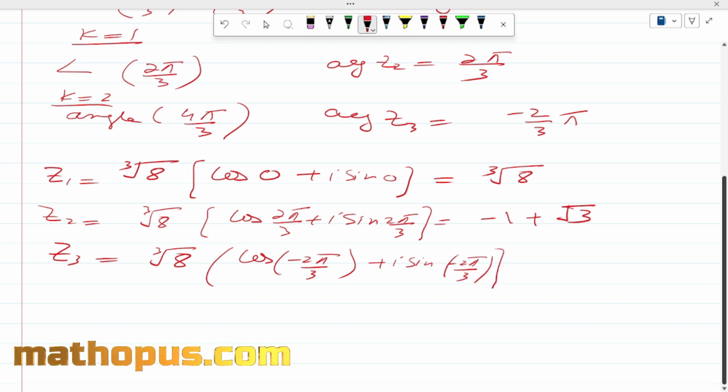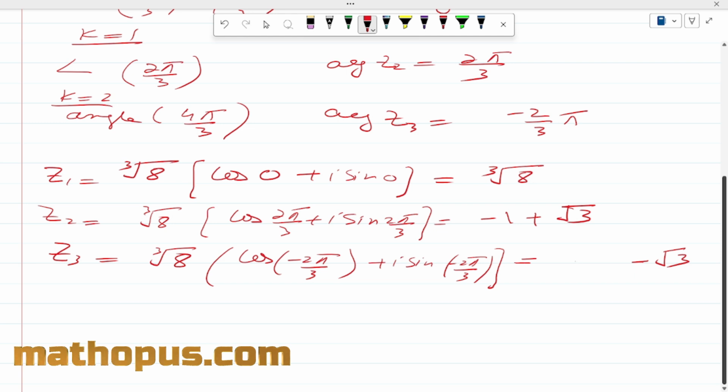This is in polar form, and we can write the Cartesian form, which is going to be minus 1 and minus plus 2 is going to be minus square root 3 and 8 times cos minus 2 pi over 3.